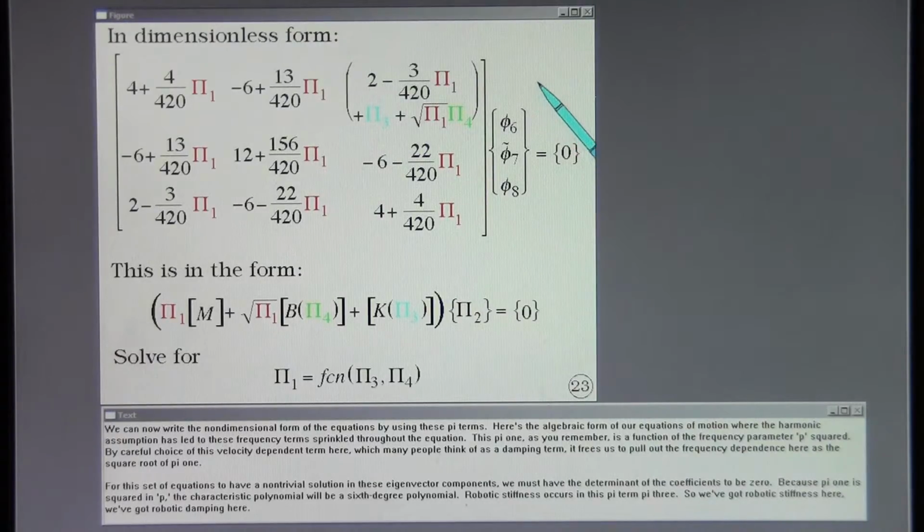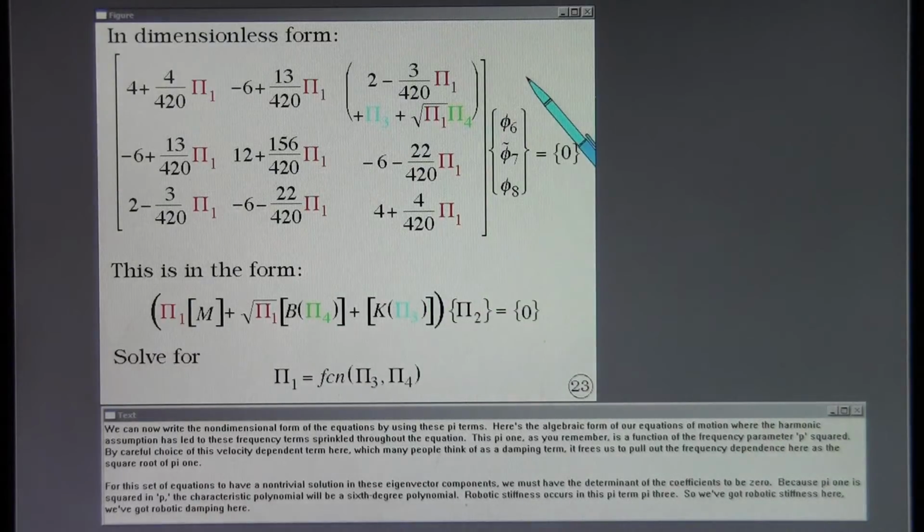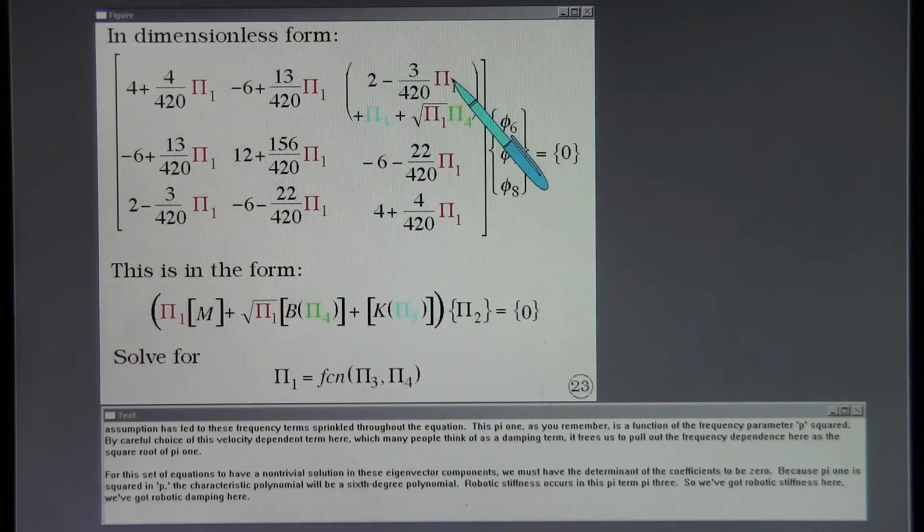Here's the algebraic form of our equations of motion, where the harmonic assumption has led to these frequency terms sprinkled throughout the equation. This pi 1, as you remember, is a function of the frequency parameter p squared.